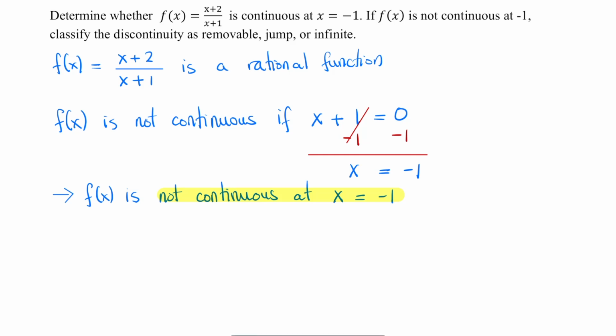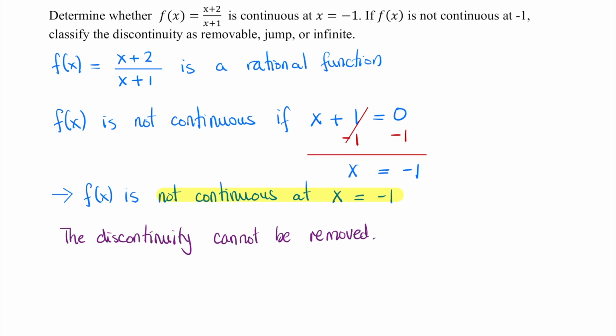So the discontinuity cannot be removed. Instead, the function approaches positive infinity or negative infinity near x equals -1, creating a vertical asymptote. Therefore, this is an infinite discontinuity.